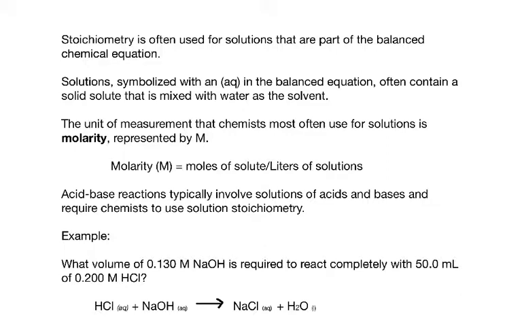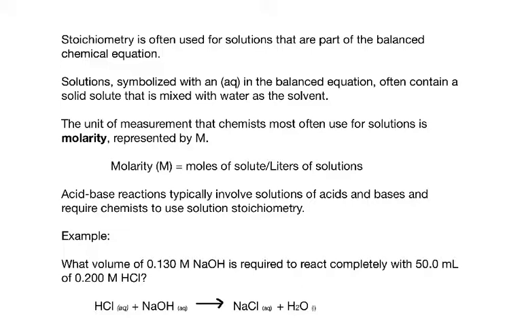An example that we will look into in more depth would be acid-base reactions, which typically involve solutions of acids and bases. First of all, acids are very, very corrosive. Even when you are working with a concentrated acid, you are still working with a solution of that acid, never in the pure form.